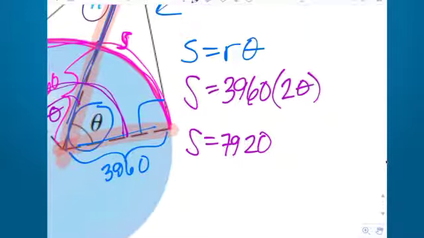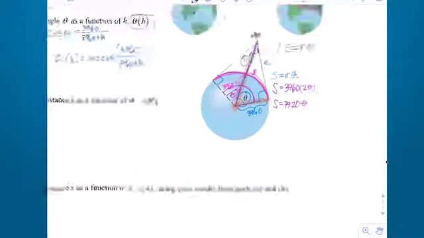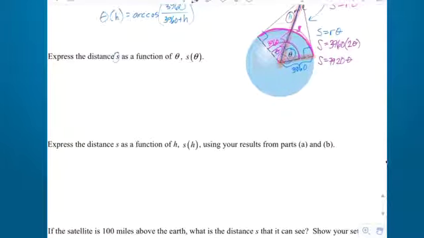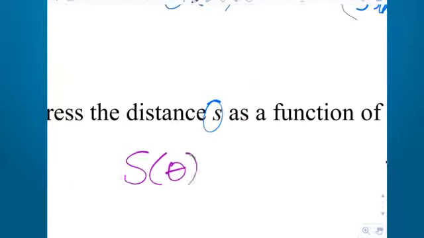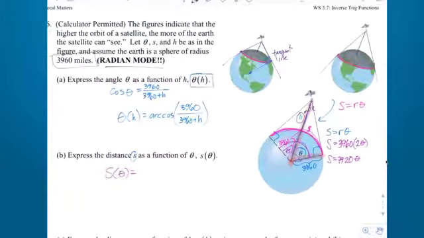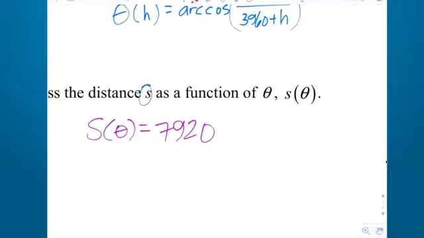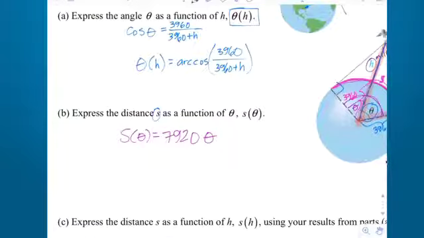You agree? So does that answer the question? S is a function of theta? I believe so. So S of theta is 7920 times theta. Yay! We're answering questions.